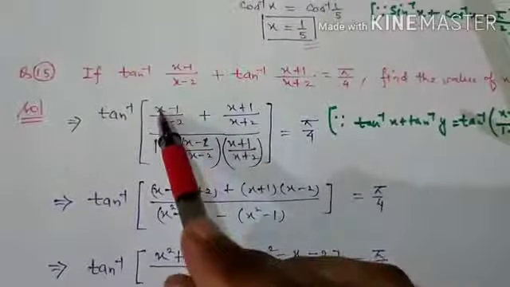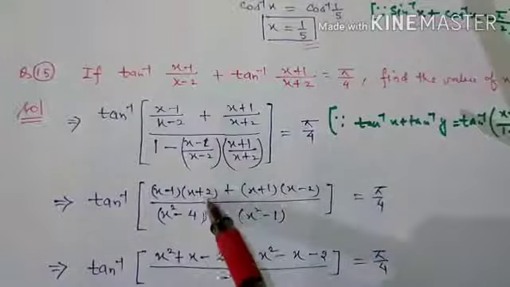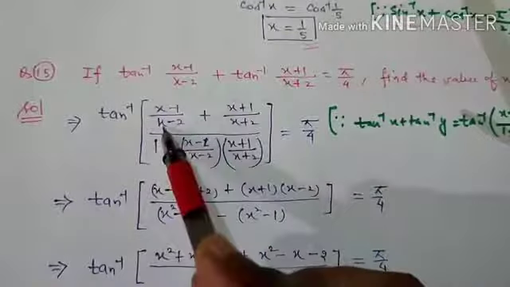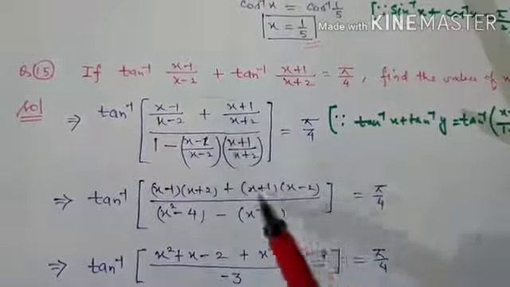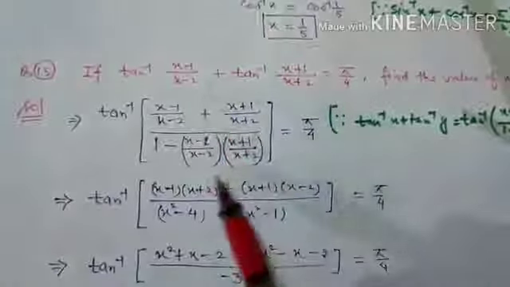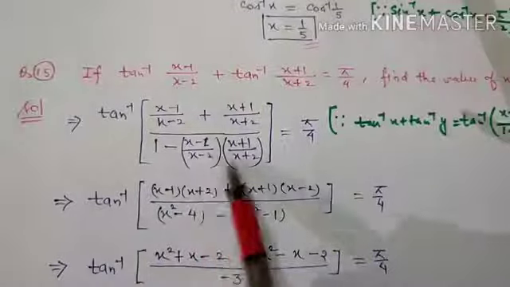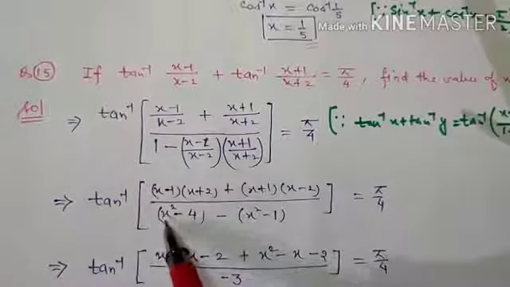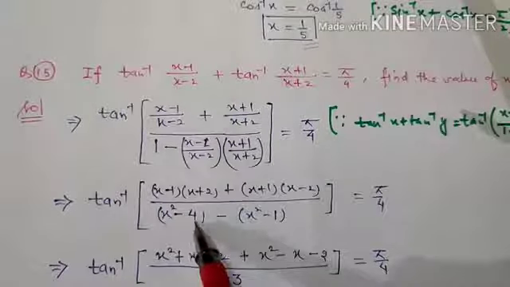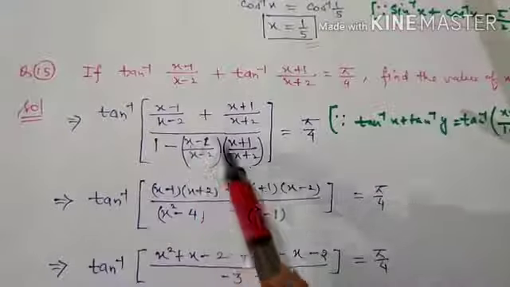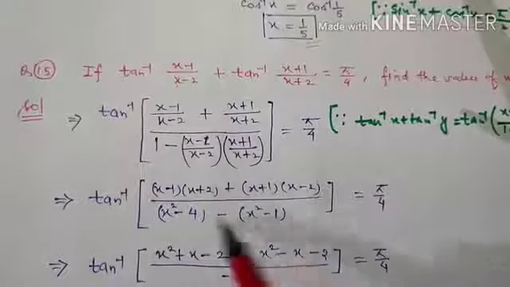Just take the LCM, x minus 1 into x plus 2 and x plus 1 into x minus 2, cross, and just multiply this way. It will be a plus b, a minus b. A square means x square minus 4, 2 square is 4, minus x square minus 1.